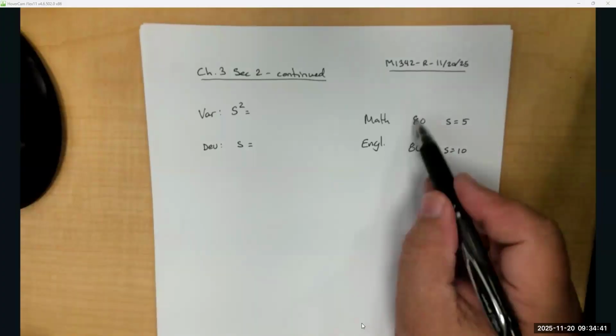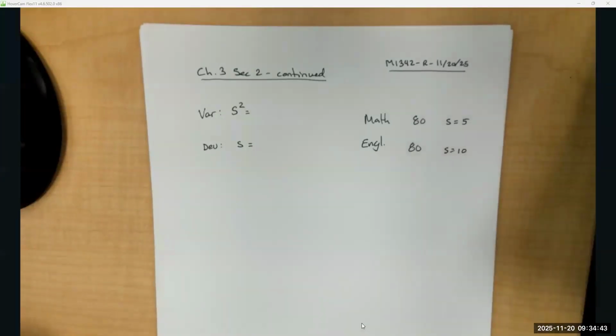Does this mean you're equally as smart in both of those classes? Why not? What does that mean? I mean, yes, it's true, but why does that matter? How does it matter?